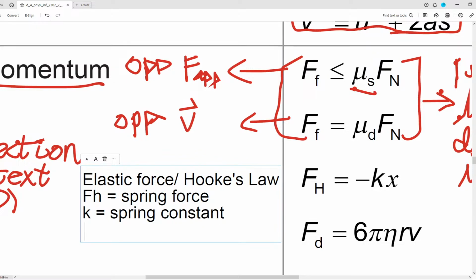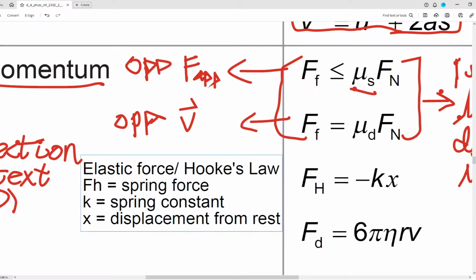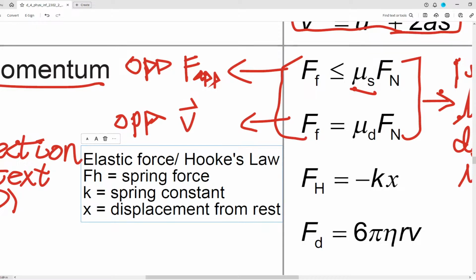And x is displacement from equilibrium, let's say from rest position. Oh, seems to be working pretty well actually. Maybe I'll just keep doing this.